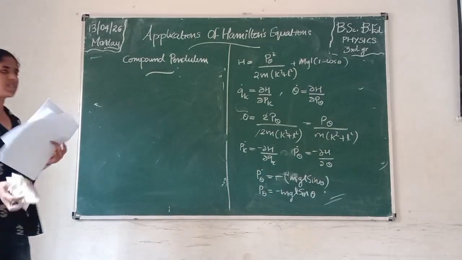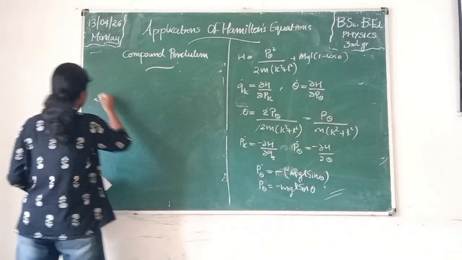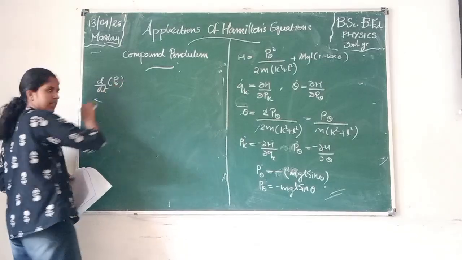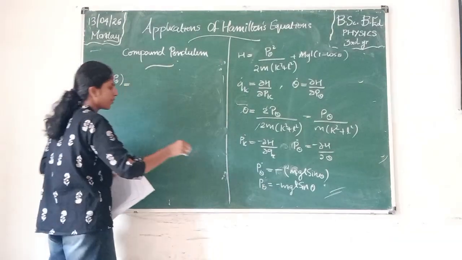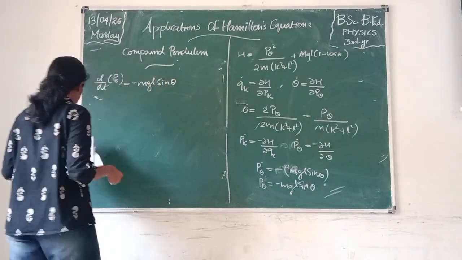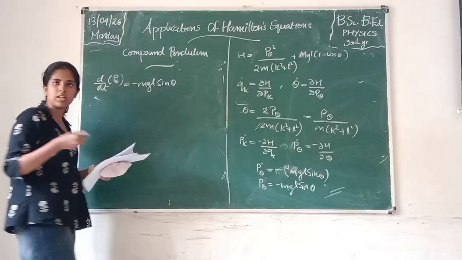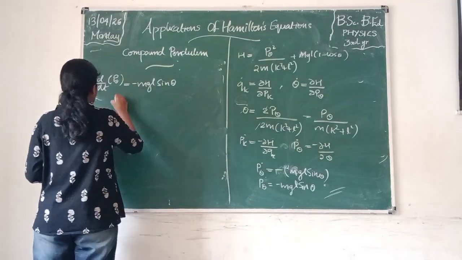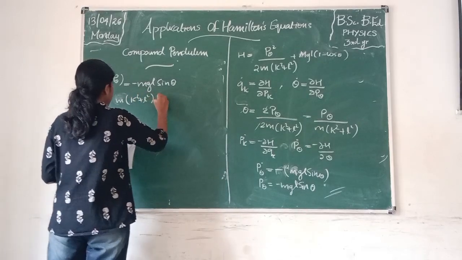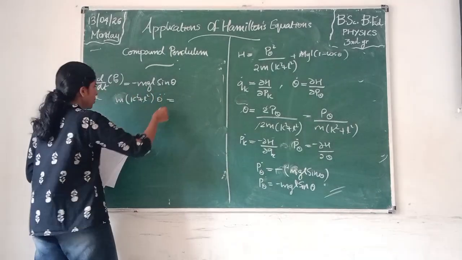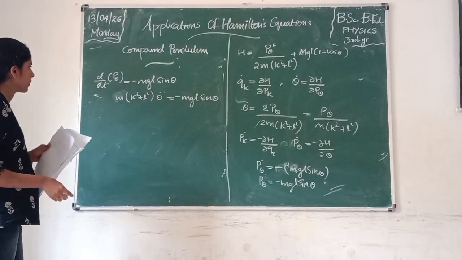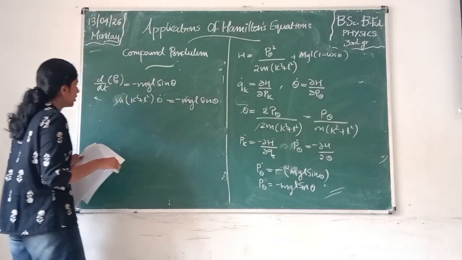And as we did in the simple method, p theta dot is equal to d by dt of p theta. That will be equal to what we got here, minus mg l into sin theta. And this is equivalent to the equation that we found earlier. Okay, so m into k square plus l square into theta double dot is equal to minus mg l into sin theta.